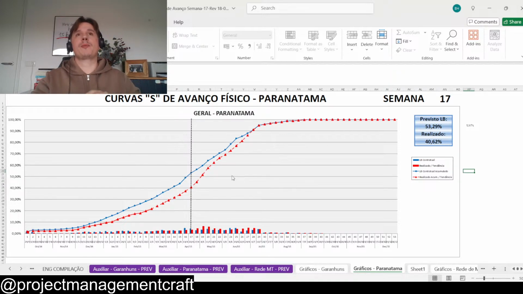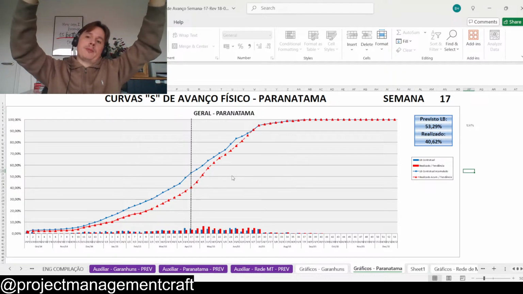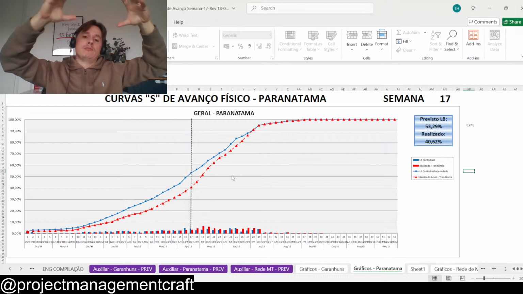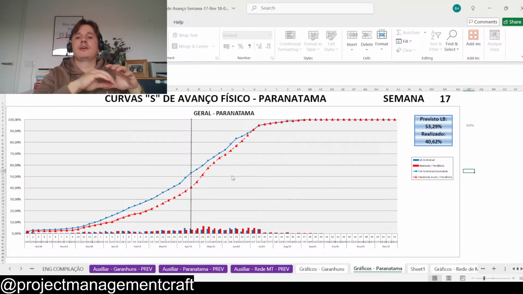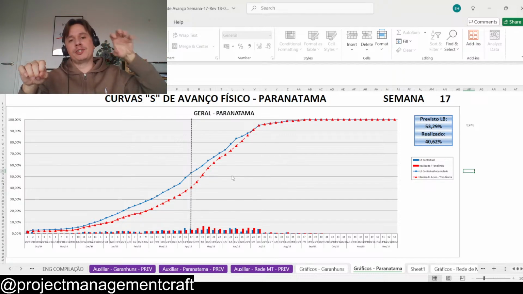You can imagine for a big project that you're going to have several big blocks. You take your work breakdown structure for the entire project and break it down into different blocks. In this case, we had two substations plus a medium voltage line, and inside of that, we broke down engineering, procurement, construction, civil construction, assembly, and commissioning.